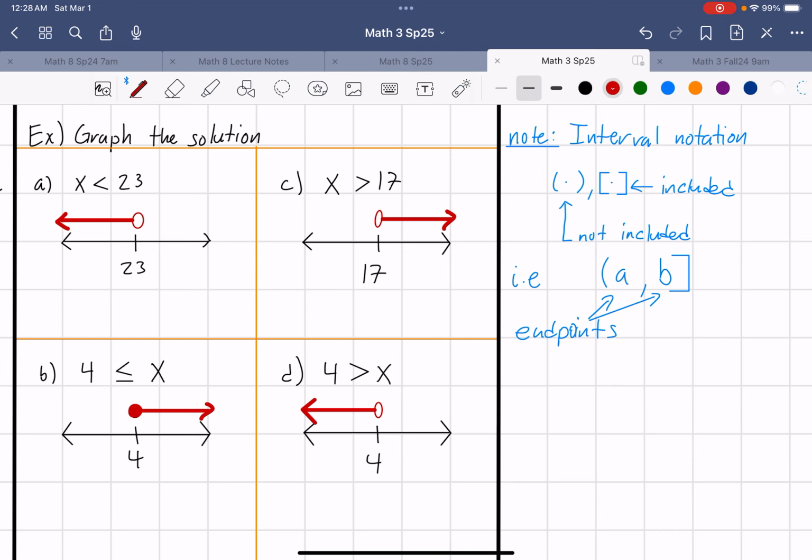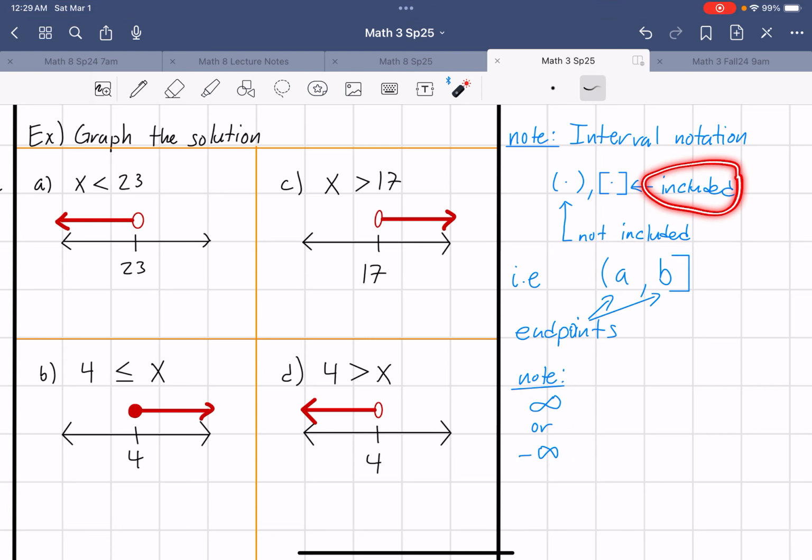That's where you can use the symbol infinity or negative infinity. Now, something about these infinities, when they are part of your interval, they will never be included in your solution, because the solution is all the numbers that do satisfy the statement.